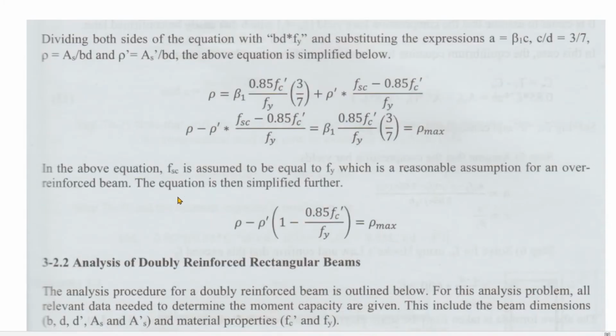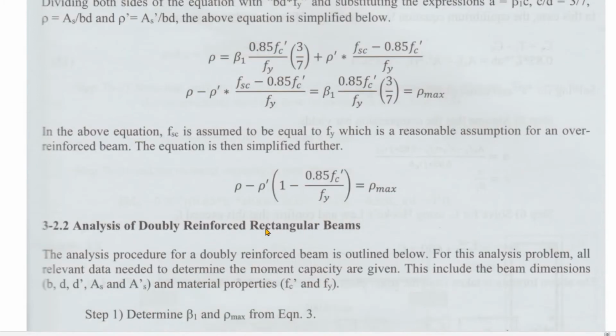In the above equation, FSC is assumed to be equal to Fy, which is a reasonable assumption for an over-reinforced beam. The equation is then simplified further. So, rho minus rho prime times the quantity 1 minus 0.85 F prime C all over Fy. This is equal to your rho max.